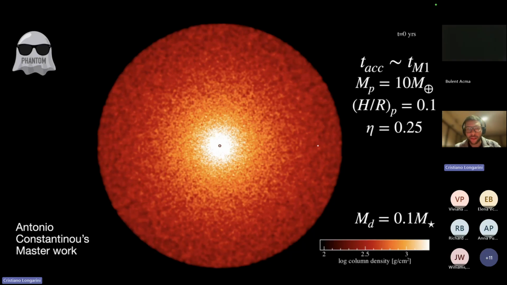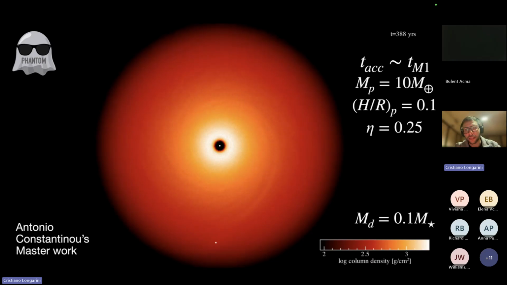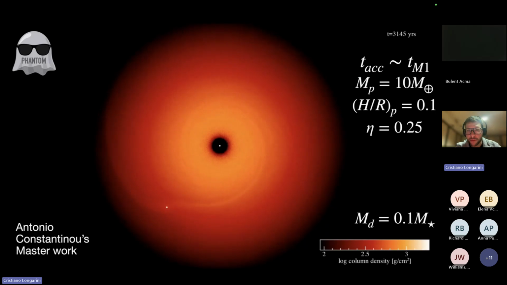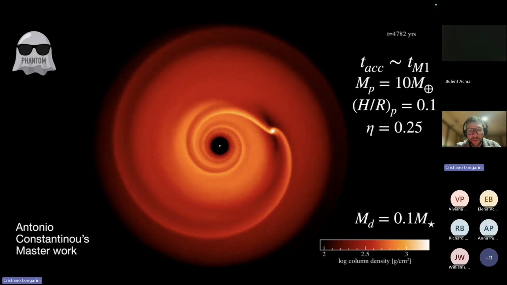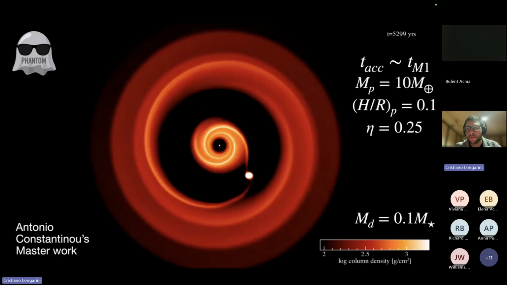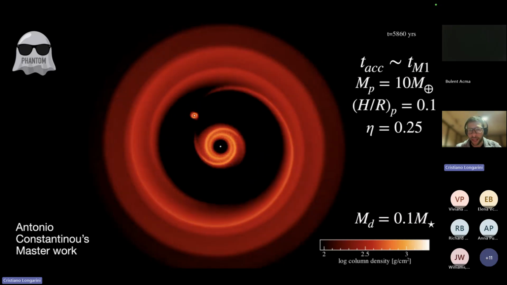So this is a simulation we ran. The white dot is the planetary core. So you can see that in this first stage, the planetary core is migrating inwards, but at the same time is increasing its mass because it's accreting material. And you can see here that it reaches the thermal mass and is finally able to open a gap.